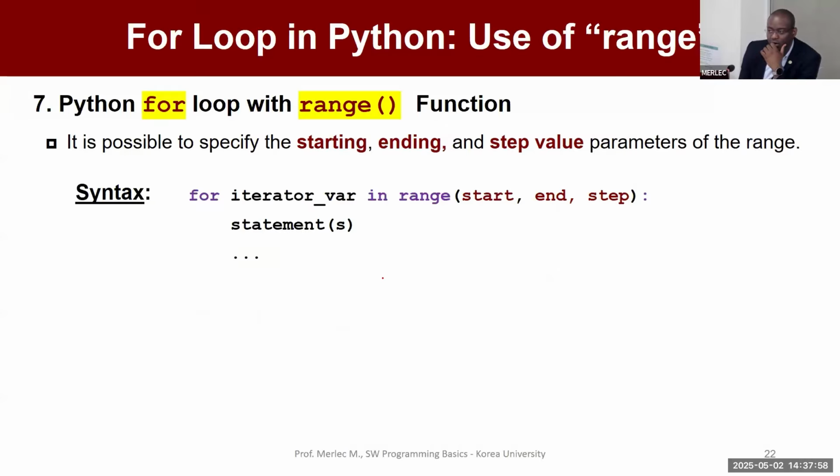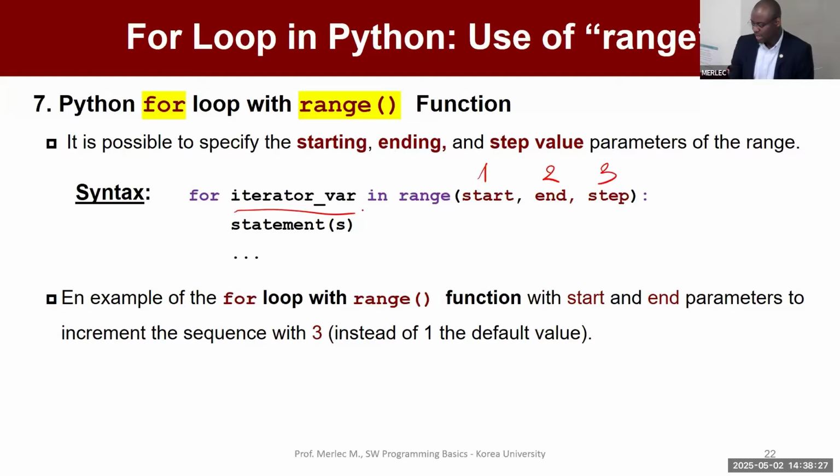In the other case, you can also determine the step. You have the starting point, which is the first parameter. The second parameter is the end. Then you can also control the step, because by default, Python increments the variable by 1. If you don't want to increment by 1, you can provide the value that will be used to increment this iterator variable.